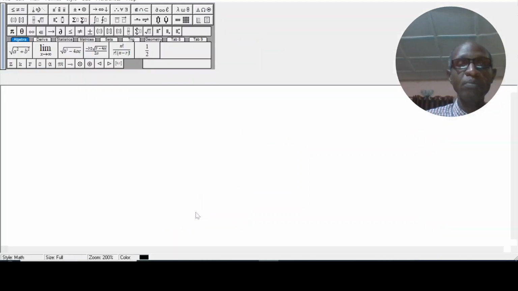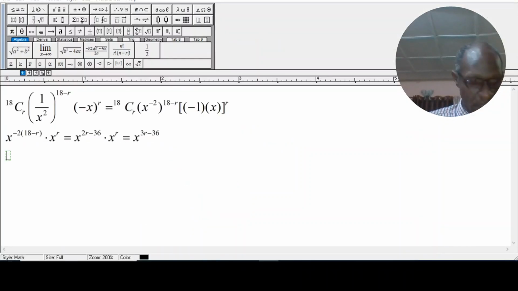So we can invariably equate, so for the x raised to the power of 6 term, for x raised to the power of 6, we now have x raised to 2r minus 36 is equal to x raised to the power of 6.